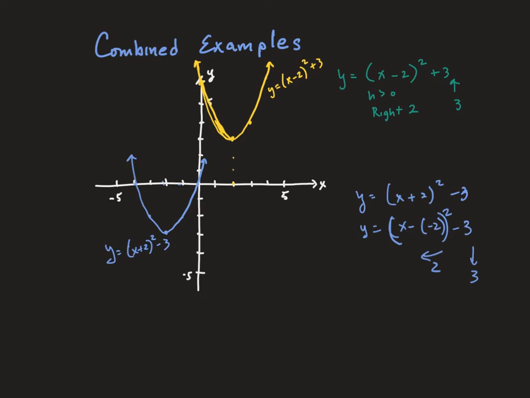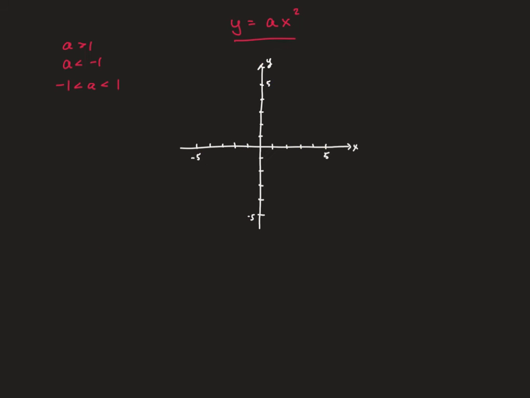So just putting them all together here. Now in order to figure out x squared, a is going to stretch it, or dilate it. It's going to either make it big or make it small. It's often referred to when a is greater than 1 as a vertical stretch, right? We're stretching upwards.